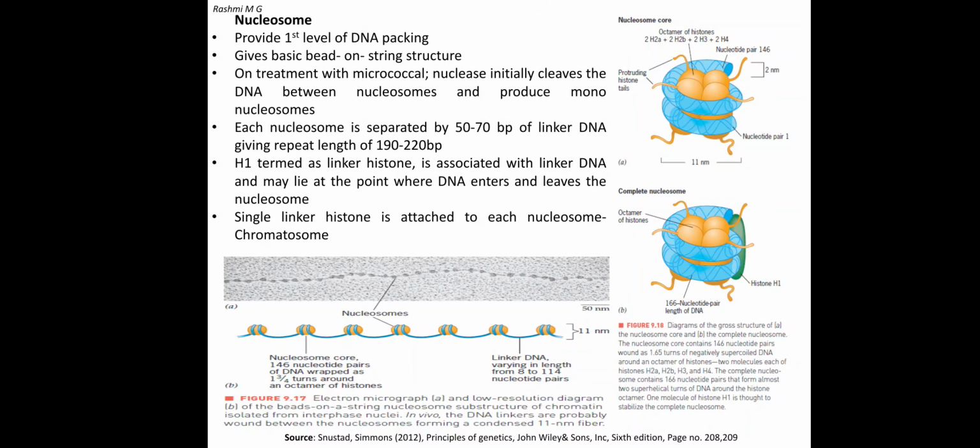In this structure you can see the green part, which is histone H1. It lies at the point where DNA enters and leaves the nucleosome. A single linker histone is attached to each nucleosome.